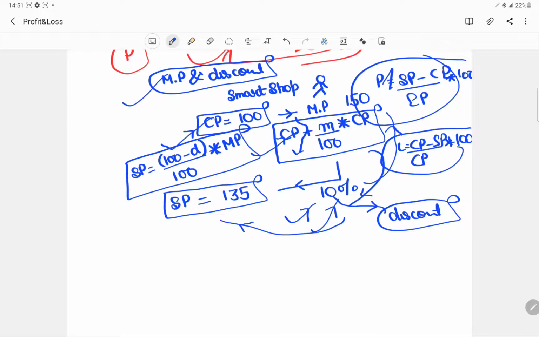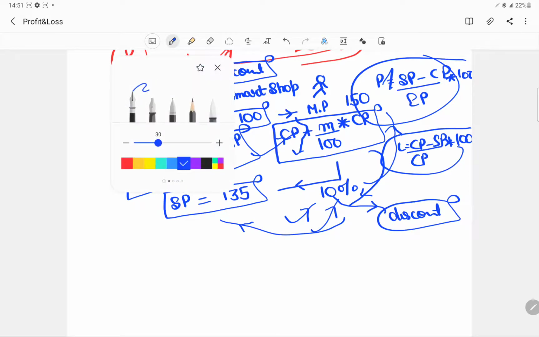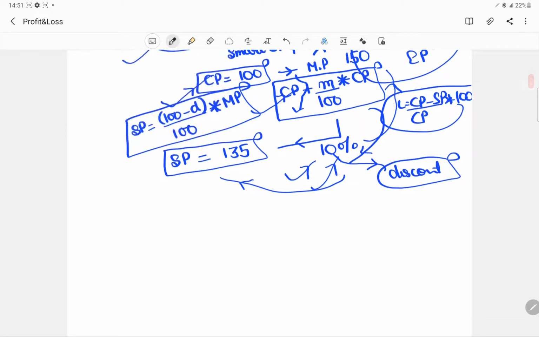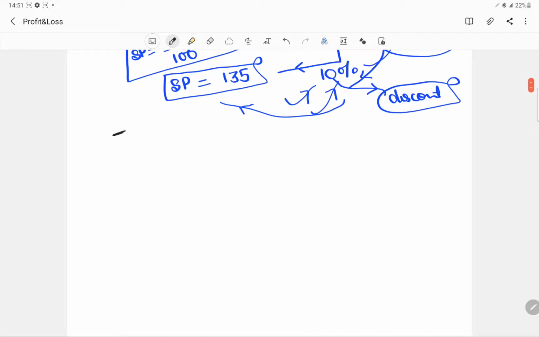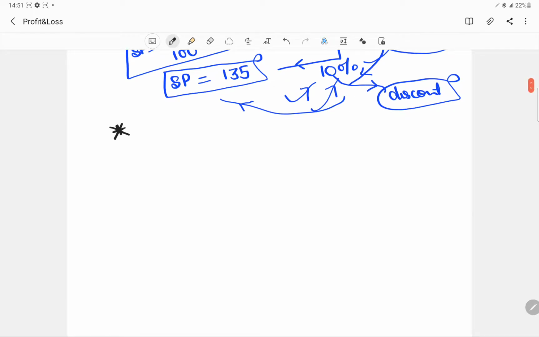Okay, now let's discuss, there is also a very standard question that you will always find in exams. A shopkeeper had two articles, one and the second article.